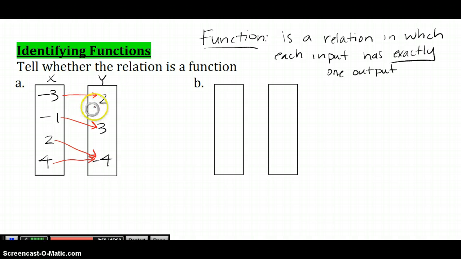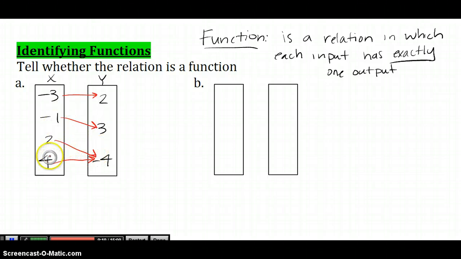To tell whether it's a function we have to look at every input and see if it has exactly one output. Negative 3 only has an output of 2. Negative 1 also only has one output. 2 only has one output, and 4 only has one output. So this is a function.